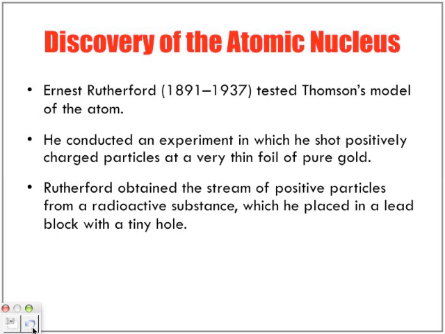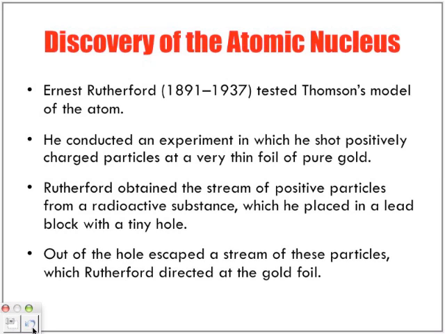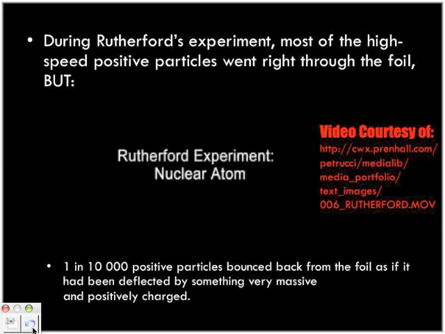And we're going to see a short little video that you can find online. You can find it on YouTube, and you can find it at the website that I've posted. Out of the hole escaped a stream of these particles, which Rutherford directed at the gold foil. So he shot this gold foil. It went through the opening, but he noticed that there was something else that happened.